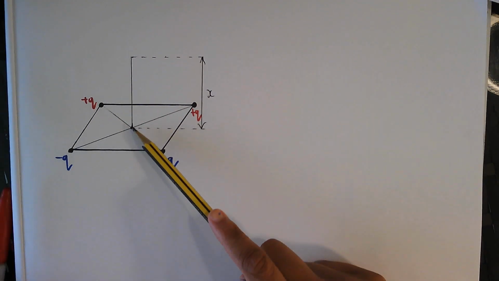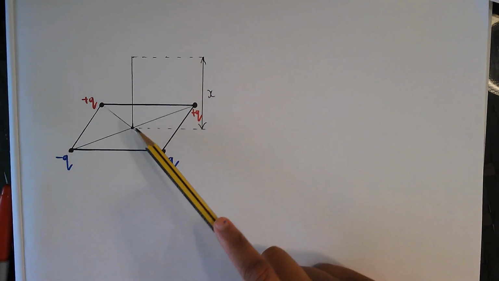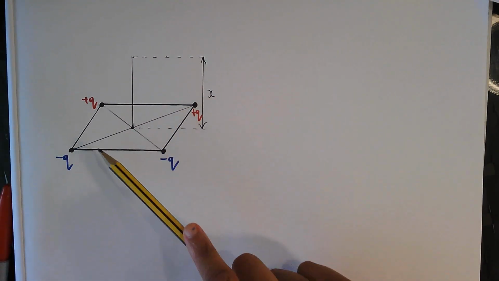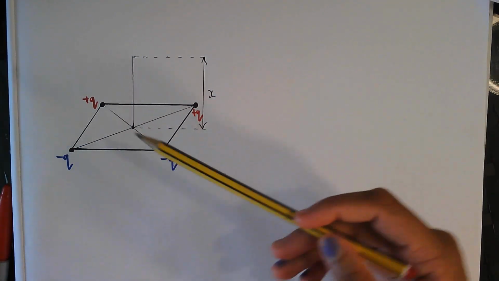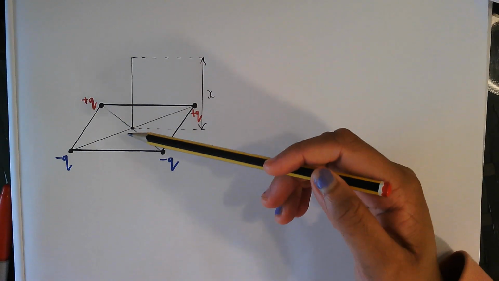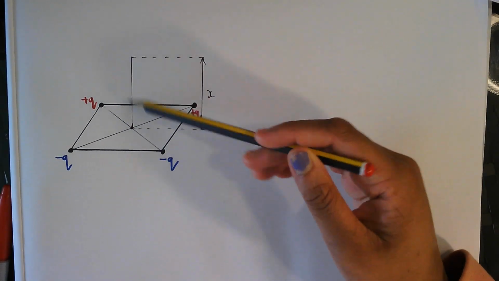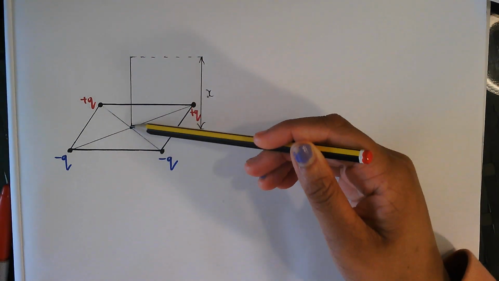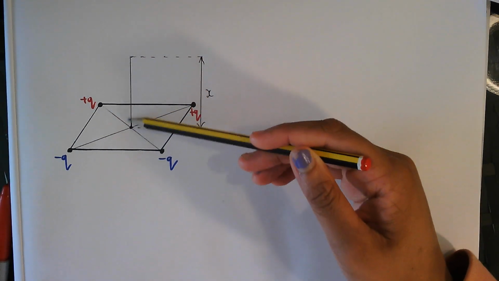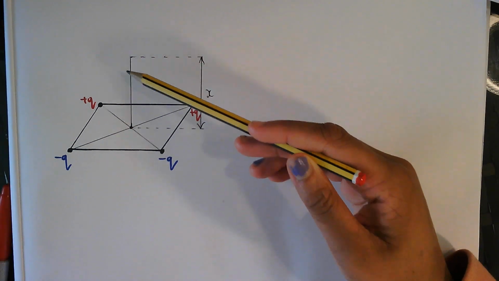And here is the centre of the square, and the diagonal of the square is equal to a length of 2L. And I'm showing the point where we need to work out the electric field strength from, which is a distance of x away from the centre of the square, and it's above the centre of the square.